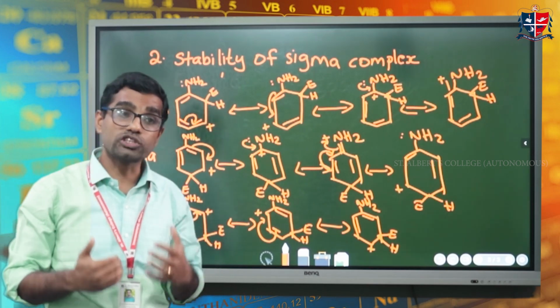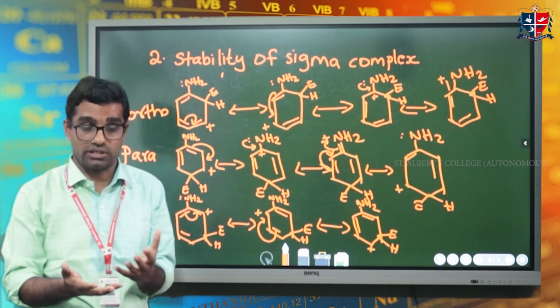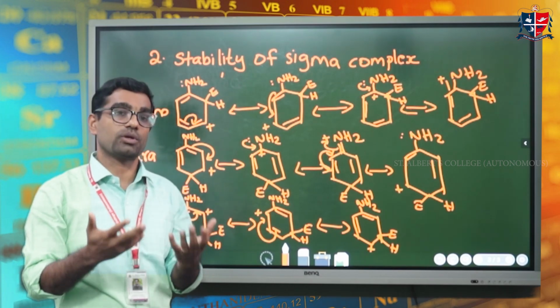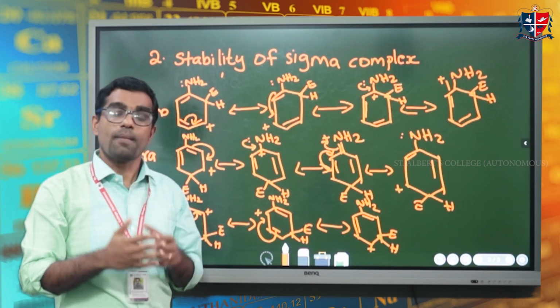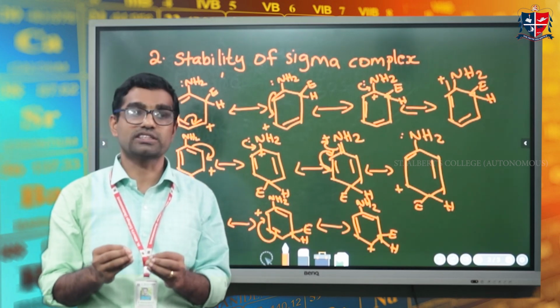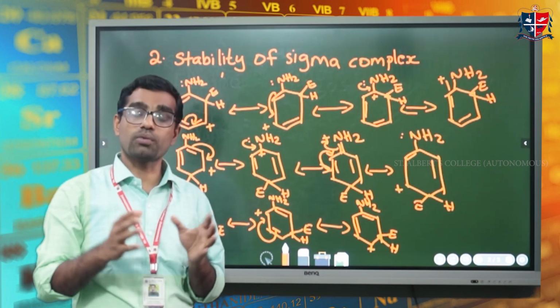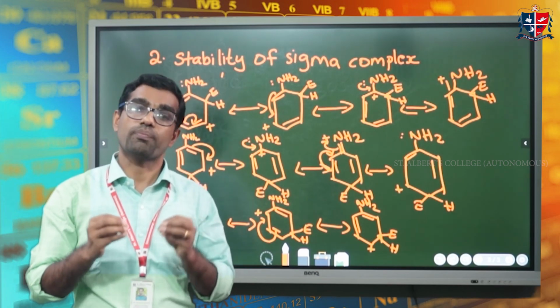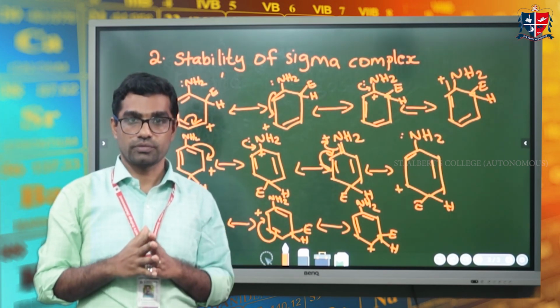In this way also we can justify the preference for ortho para attack of an electrophile when an amino group is present. So basically, when aniline undergoes electrophilic substitution, the electrophile normally comes to the ortho or para position. Okay, thank you.